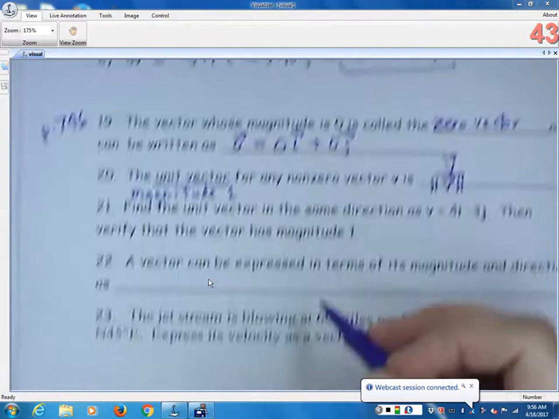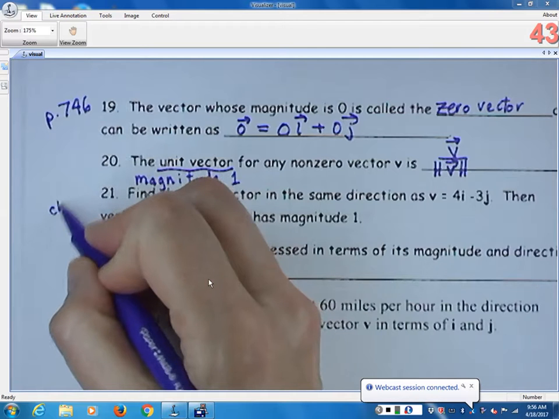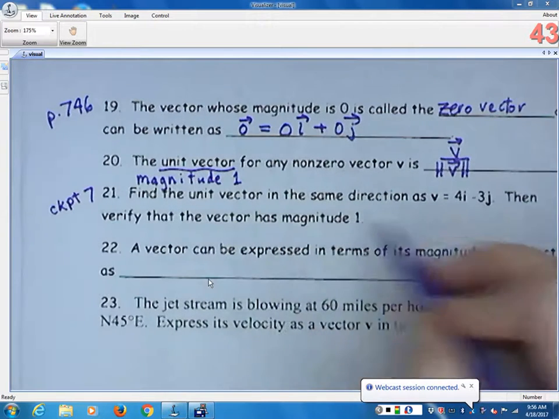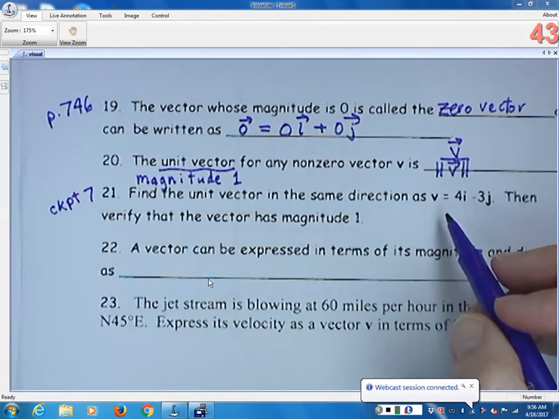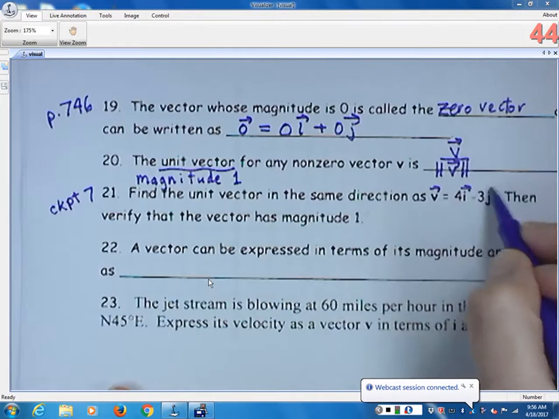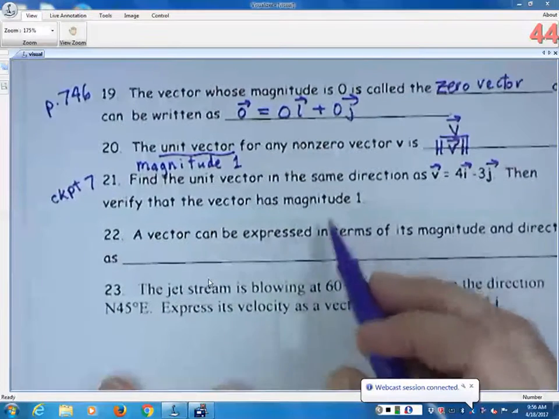Checkpoint 7, find the unit vector in the same direction as V equals 4I minus 3J. Then verify that it has a magnitude of 1.